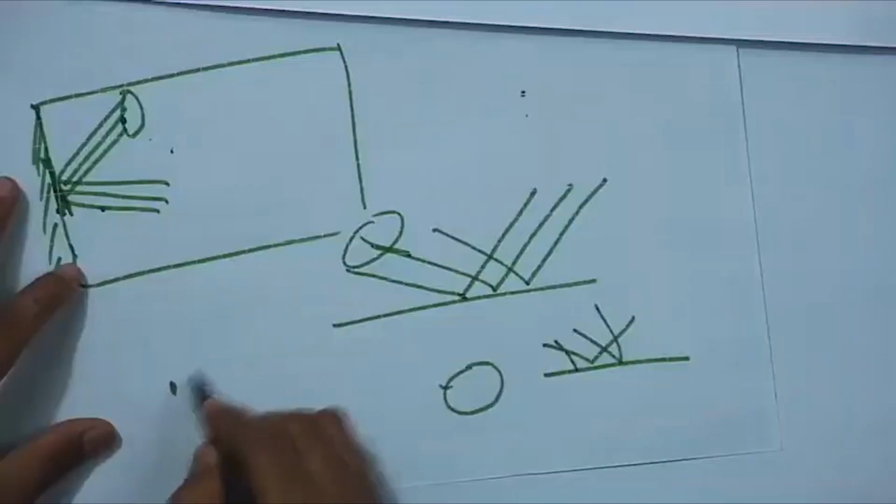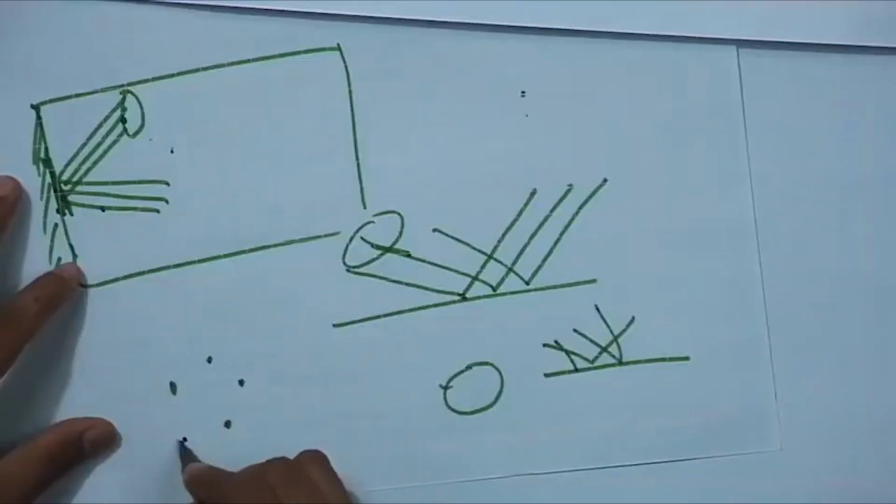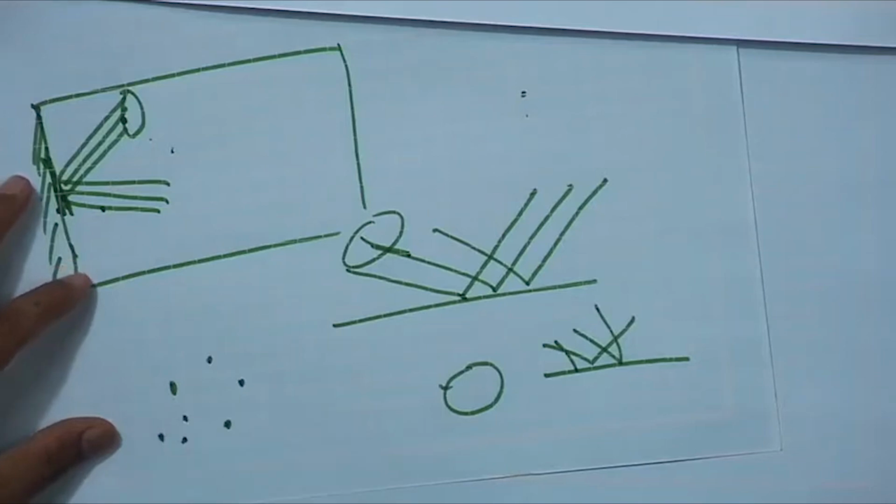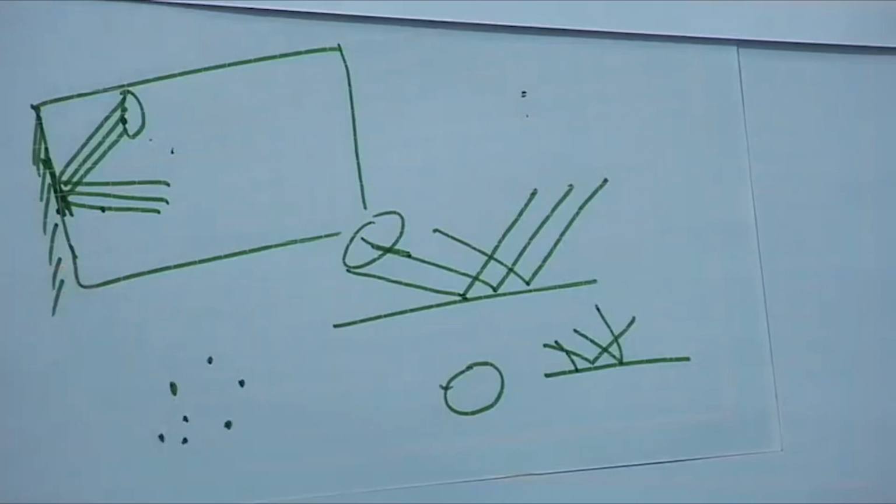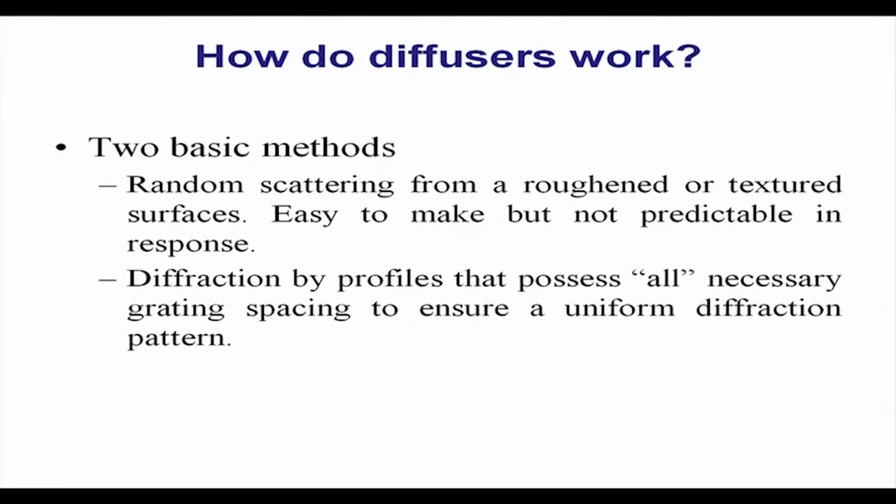So, at each point of the auditorium the reverberation field will be the same. So, I have to treat the wall or the reflector of the auditorium with a diffuse reflector. Okay. So, what are the diffuse reflectors? A diffuse reflector can be random scattering from a rough and textured surface.